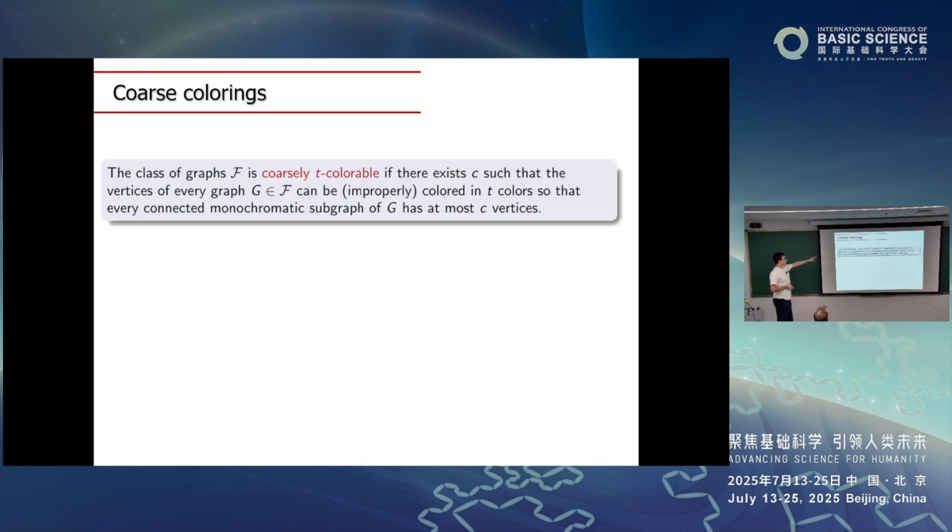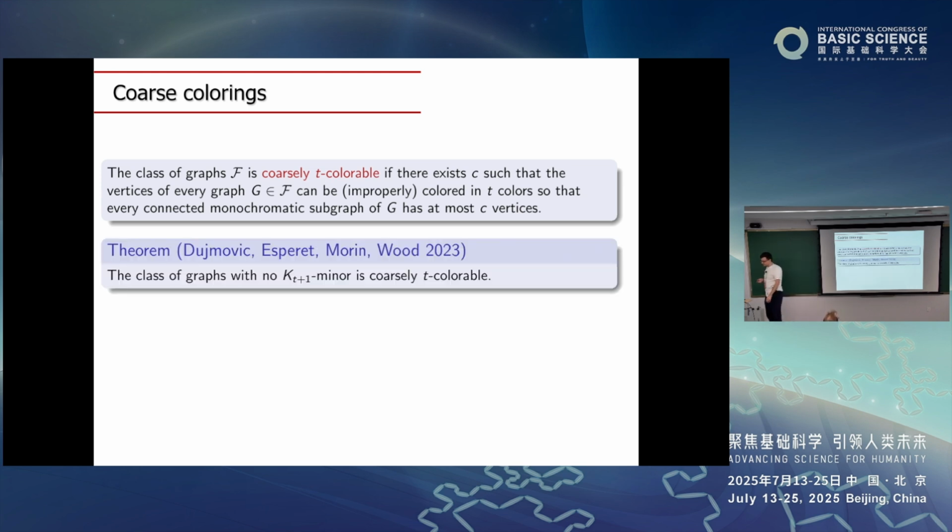I'll say that a class of graphs is coarsely T-colorable if there exists some absolute bound for the whole class, so that every graph in this class can be colored using T colors, so it's no longer proper, we allow adjacent vertices to have the same color, so that every connected monochromatic subgraph, any connected component, is of bounded size. That's the far-away view.